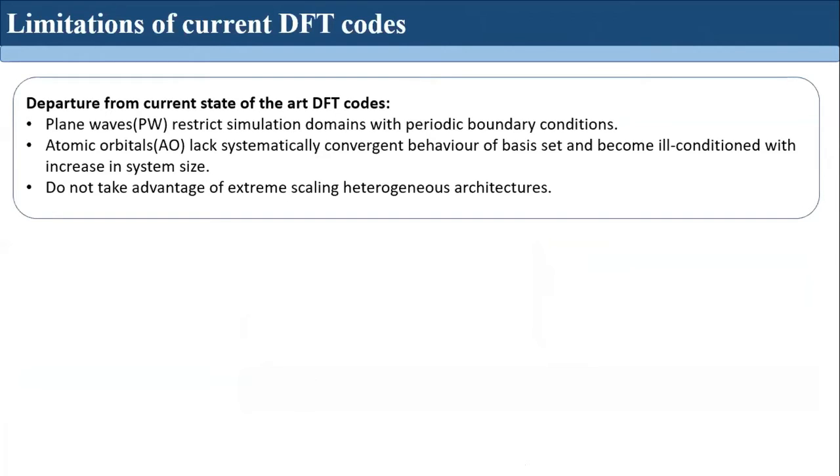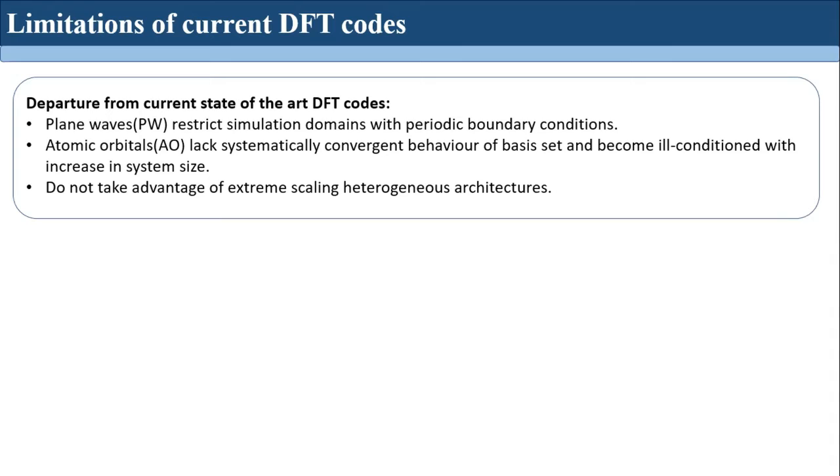There is therefore a need to move from the conventional state-of-the-art DFT codes, which are mostly plane-wave-based codes or atomic-orbital-based codes. Plane-wave-based codes restrict the simulation domains to be periodic, and atomic-orbital-based codes lack a systematically convergent basis set or become ill-conditioned. You cannot treat large systems.